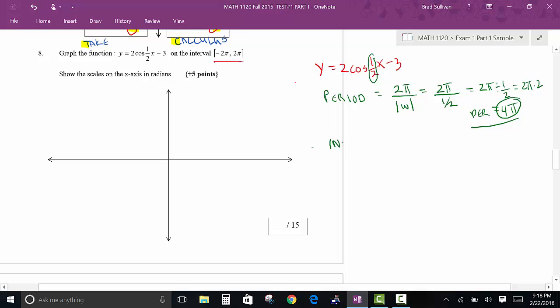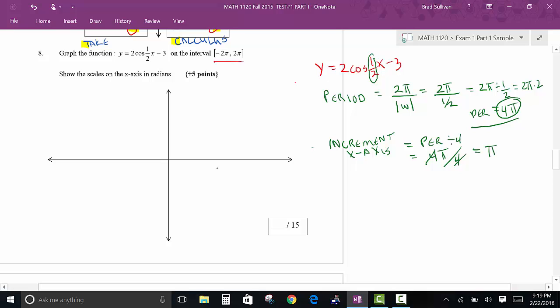The next important thing is how do you increment the x-axis? Sometimes on tests I ask for what that increment is. Of course, I'm grading it based on your graph anyway. Remember, when you do the increment, you take the period and divide it by 4. The period is 4 pi, we just found that. Divide by 4, so that increment is pi.